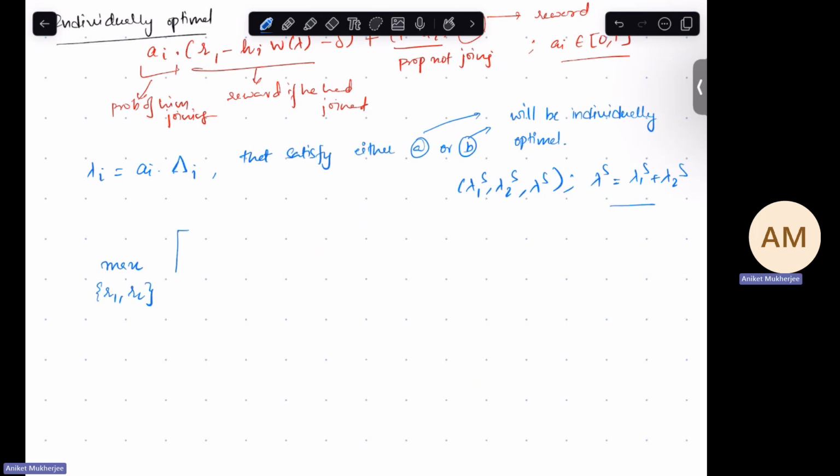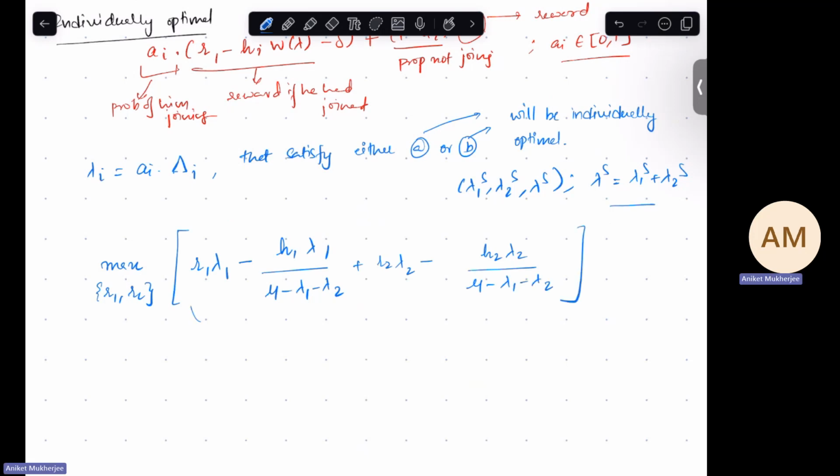We are maximizing R1 lambda 1 minus H1 lambda 1 by mu minus lambda 1 minus lambda 2, plus R2 lambda 2 minus H2 lambda 2 by mu minus lambda 1 minus lambda 2.